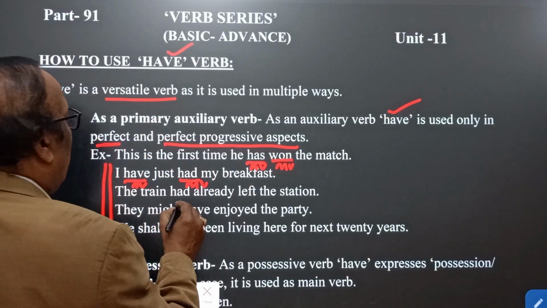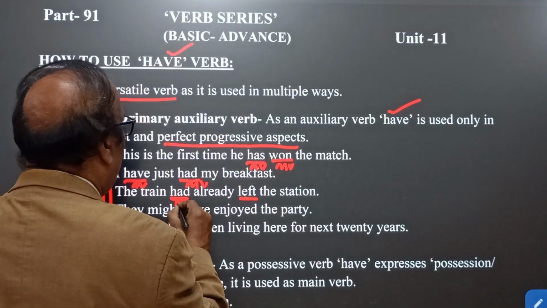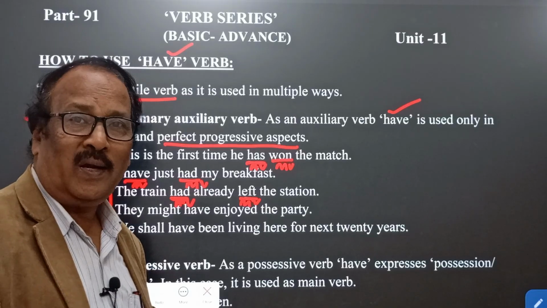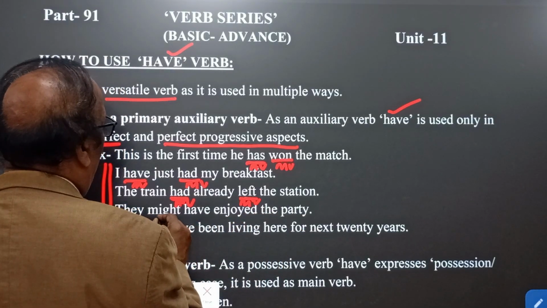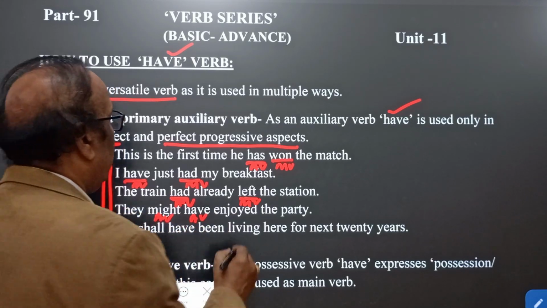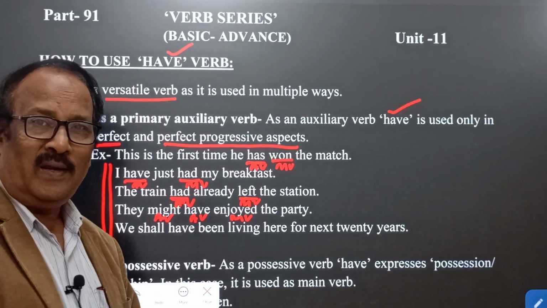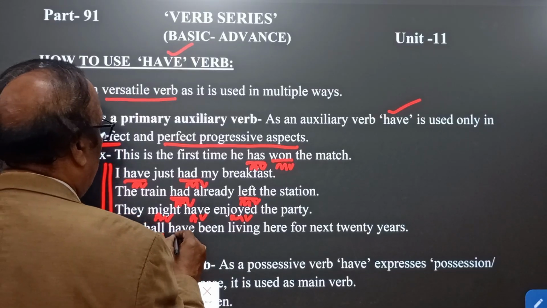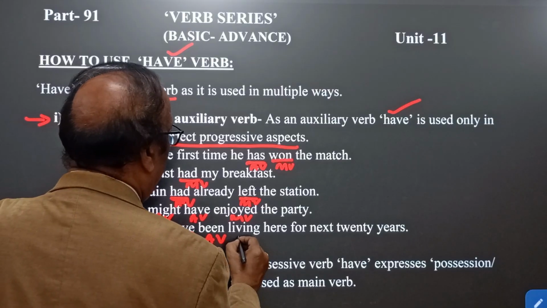The train had already left the station. Had is the auxiliary verb and left is the main verb. Past perfect. They might have enjoyed the party yesterday. Might is a modal auxiliary verb, have is an auxiliary verb, and enjoyed is the main verb.